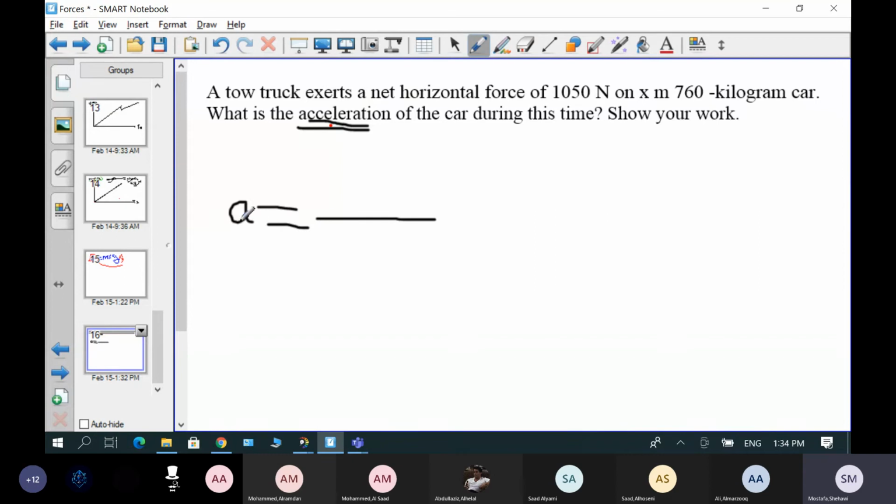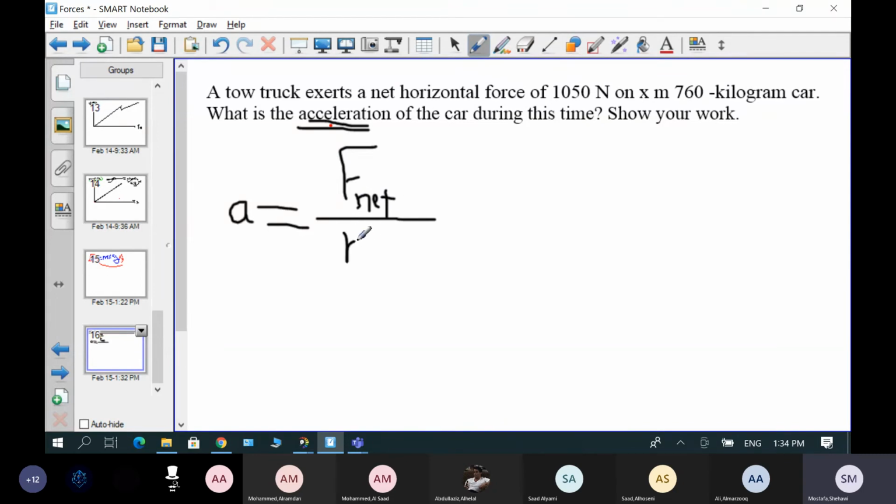What is the rule for finding acceleration, Ali? I don't know. Why don't you know? You took it. It's net force, Ali. We just took it today. Net force, we talked about it today.